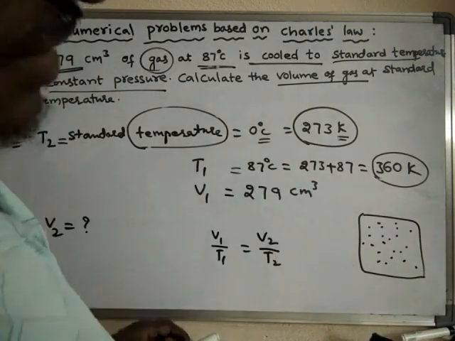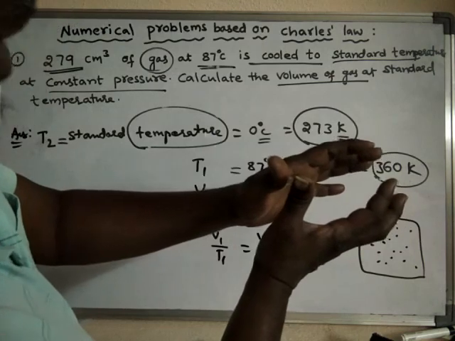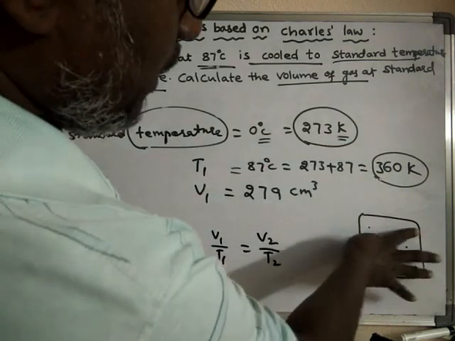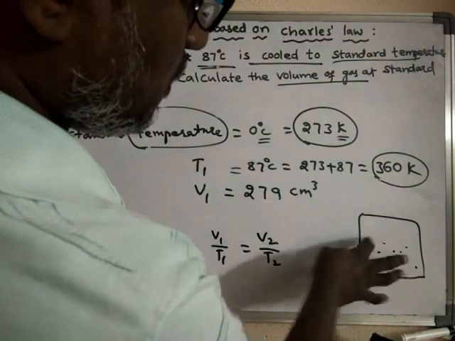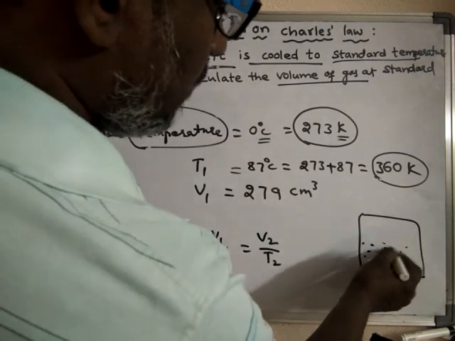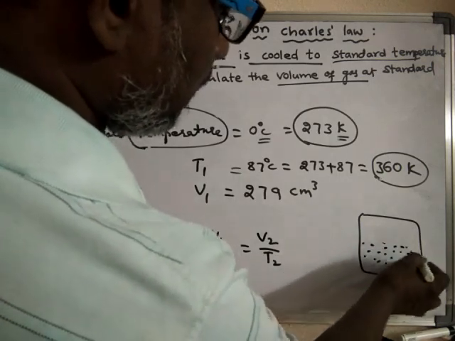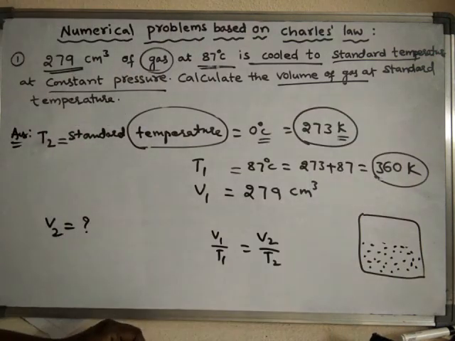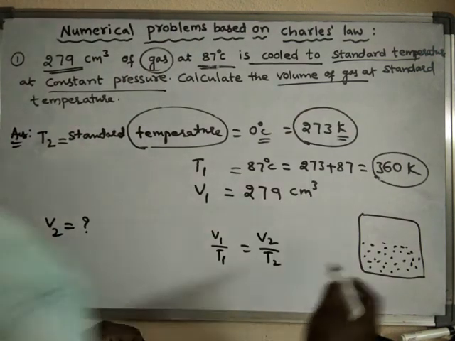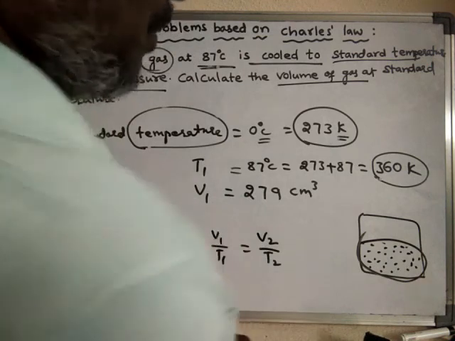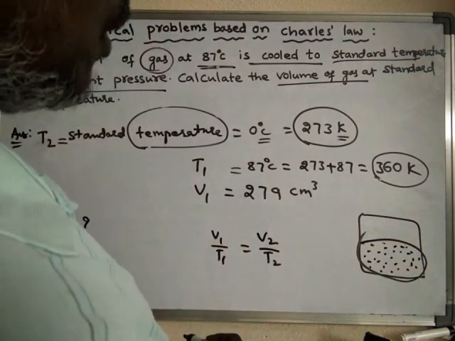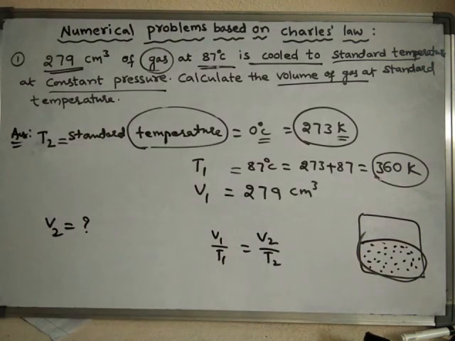Generally, when a gas is cooled, all the molecules come closer and closer, so they occupy less space. That means when temperature is decreased, the volume of the gas also decreases.